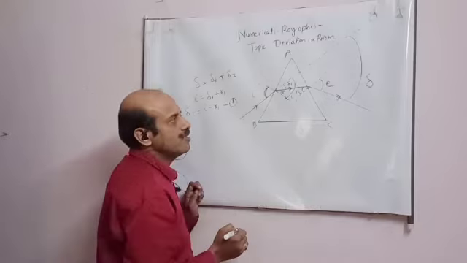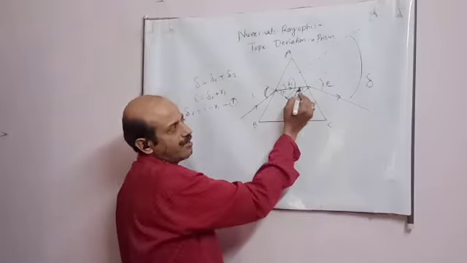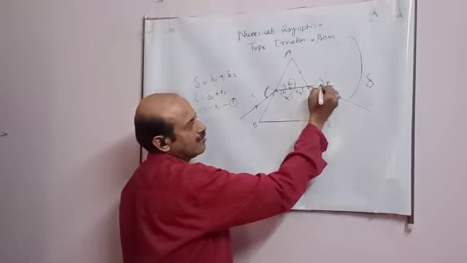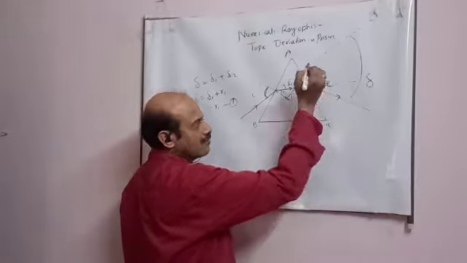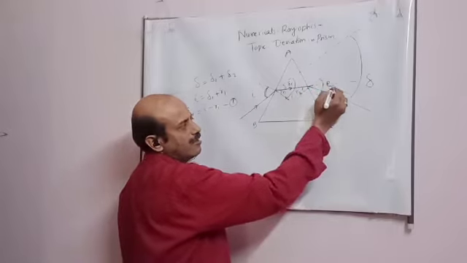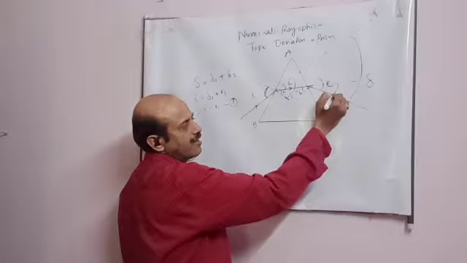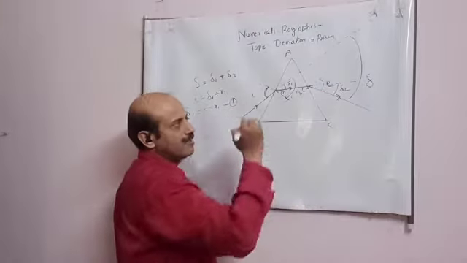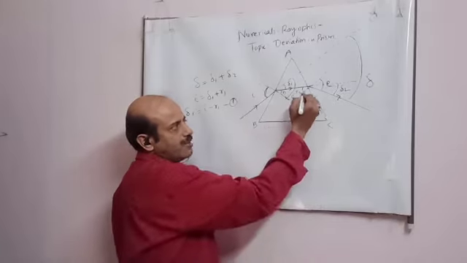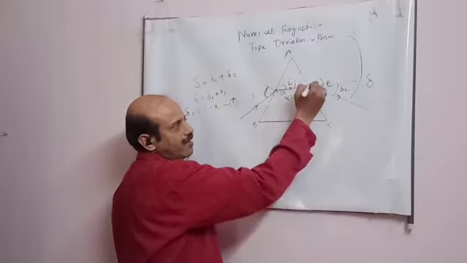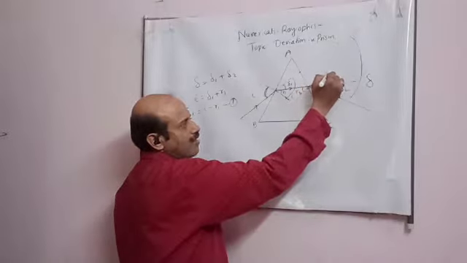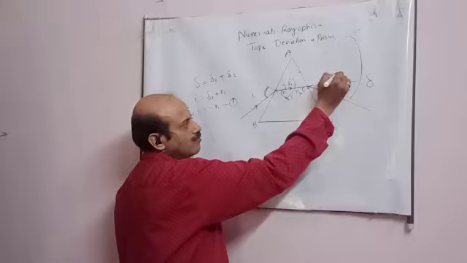Now, student, this deviation is at the second surface. Without the prism, this ray would have traveled this side. Due to the prism, it is traveling this way. So this much is the deviation suffered at the second surface. Now, this is the normal, and this is the refracted ray traced forward, so this angle is R2.